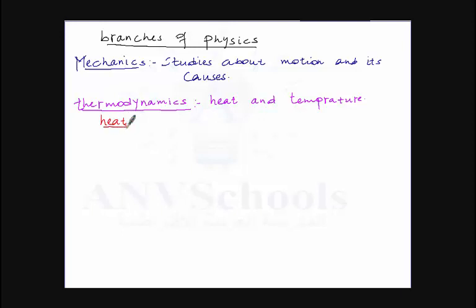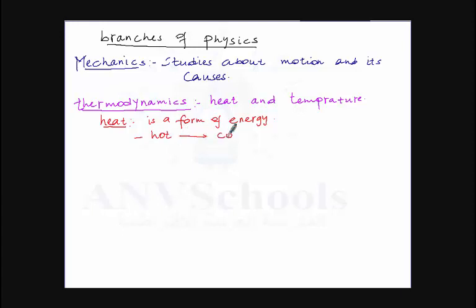When we say heat, we mean the amount of energy that transfers from a hot object to a cold object, or it is a form of energy. Don't forget that heat is the energy that transfers from hot to cold object.